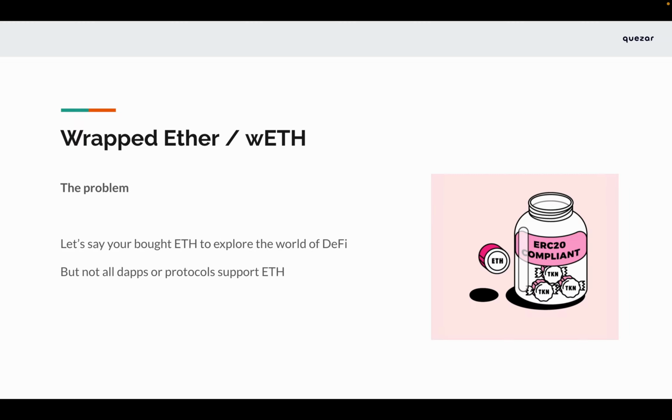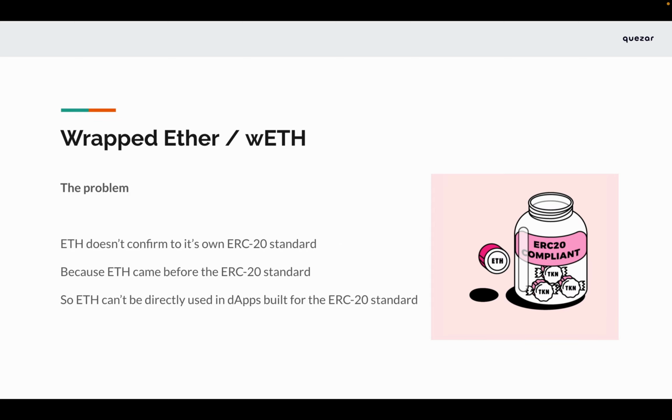Now, coming to wrapped Ether or WETH, the main problem that people faced was that if they had bought some ETH to explore the world of DeFi, they couldn't use it to its fullest potential. That is because most of the dApps or protocols don't support ETH natively. The reason for that is ETH doesn't conform to the ERC20 standard.